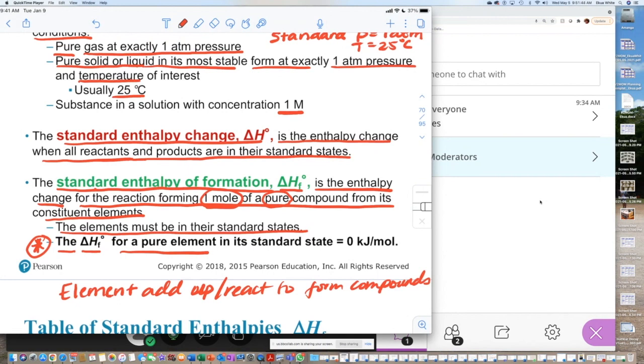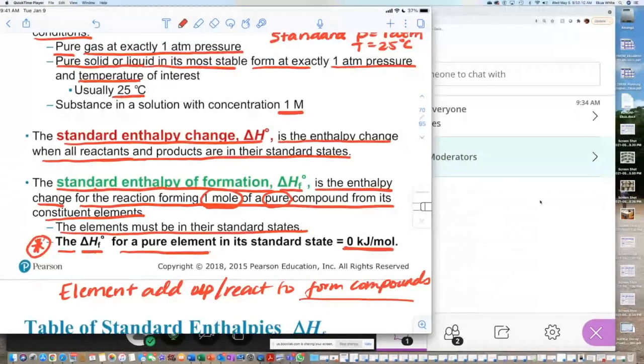So our ingredients, our elements, if they're in their pure form in the standard state, then the energy required to form them is 0 kilojoules per mole. So it's kind of like saying these ingredients don't really require energy. They have no calories, no energy. But when they come together to form compounds, that process of them coming together, that requires energy, right?